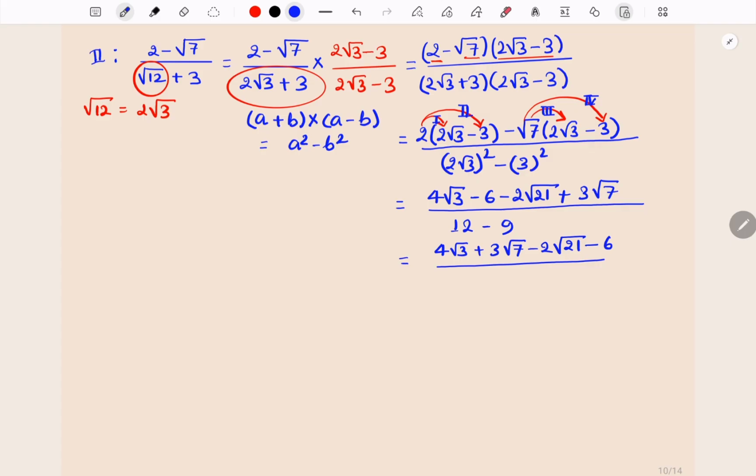I have just rearranged the terms. It does not change the value. In the denominator, however, we can simplify. 12 minus 9 is 3. All right, so finally we have found the simplified version of the second fraction.